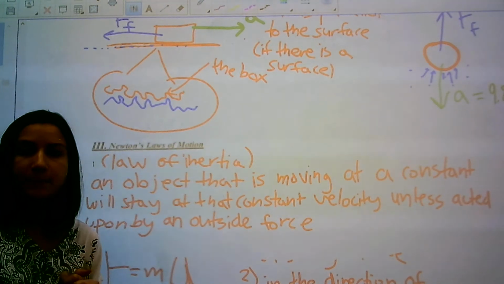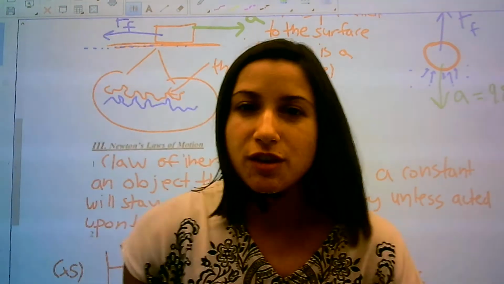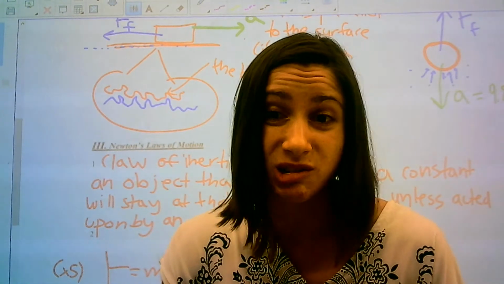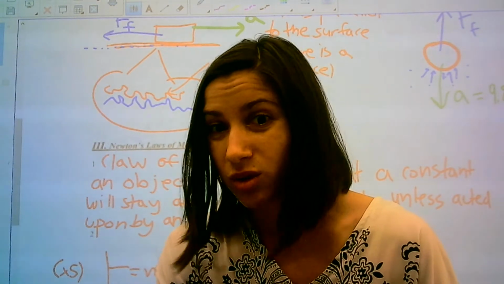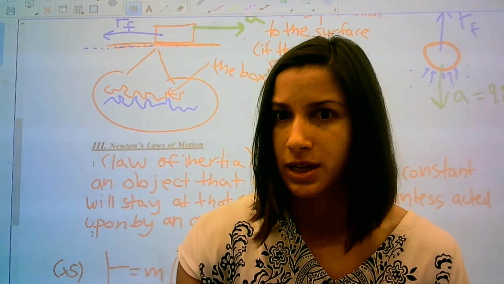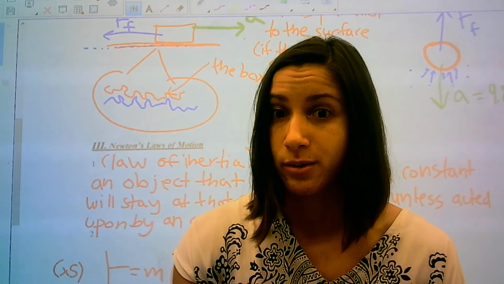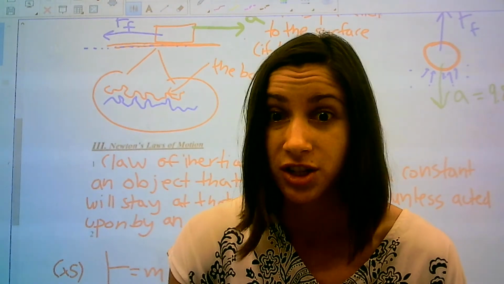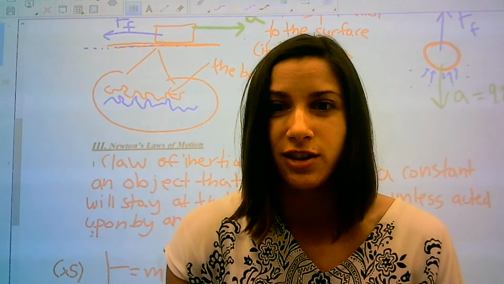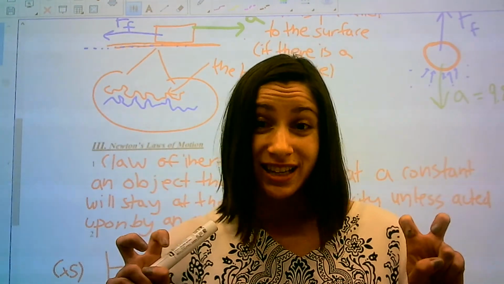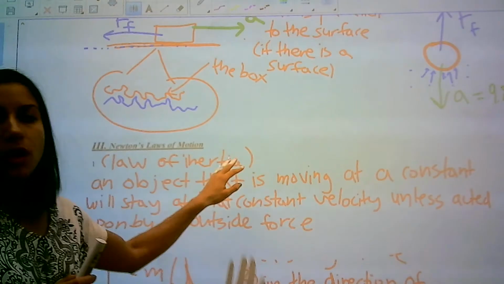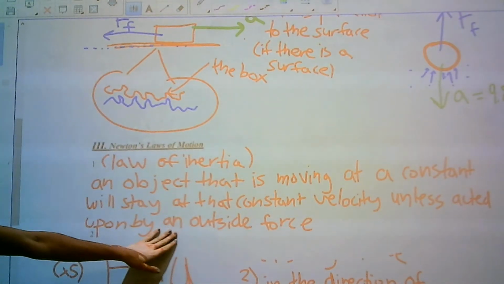Because if I'm at rest, that's 0 meters per second. If I'm at rest now, have I changed speed? Time's gone on, but I'm still at a constant velocity of 0 meters per second. So this definition includes rest.